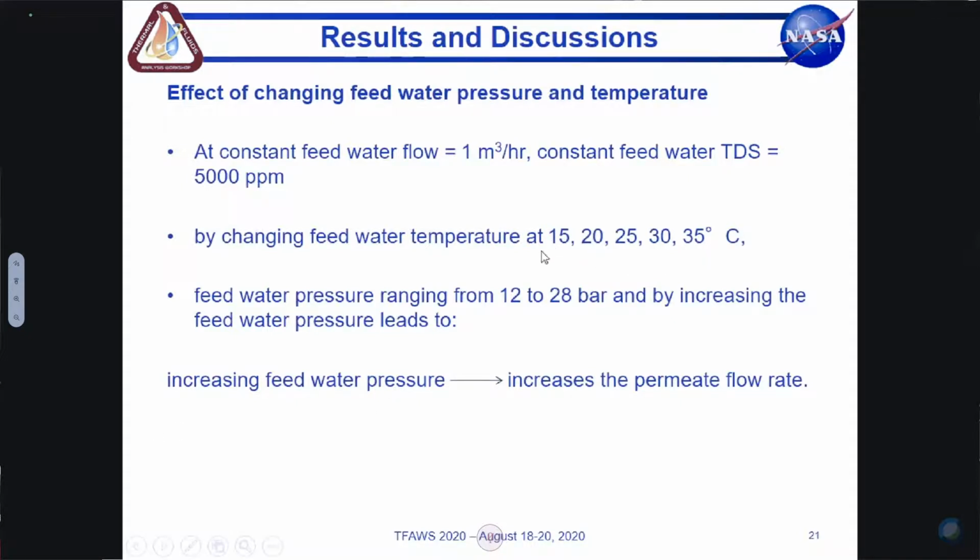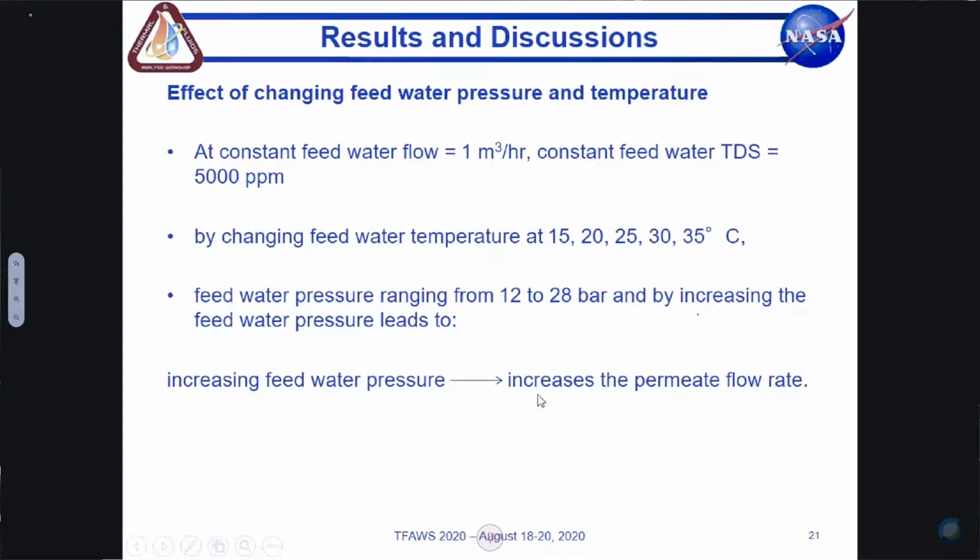For results, the effect of changing feed water pressure and temperature at constant feed water flow, for example, 1 meter cube per hour, and at constant feed water total dissolved solids, which is 5,000 parts per million.